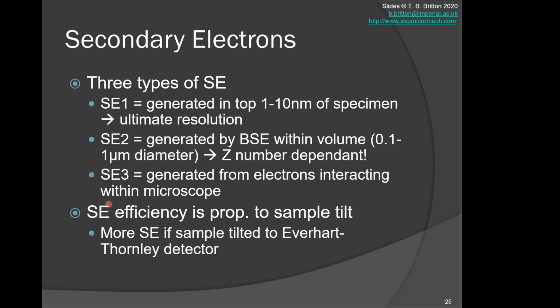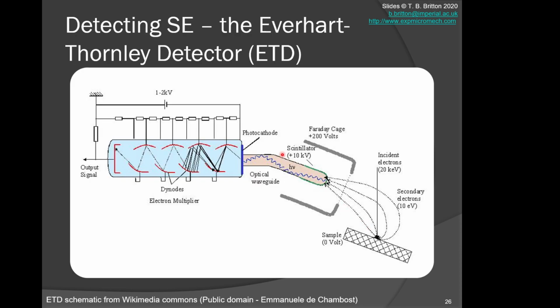The efficiency of generation of your secondary electrons is proportional to your sample tilt, and as you point it towards your Everhart-Thornley detector, you can improve the SE detection efficiency. The ETD itself is a very clever device where you have a Faraday cage with a positive bias that can therefore attract your negative electrons.